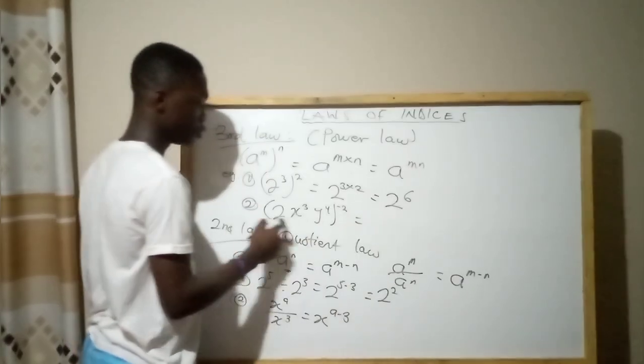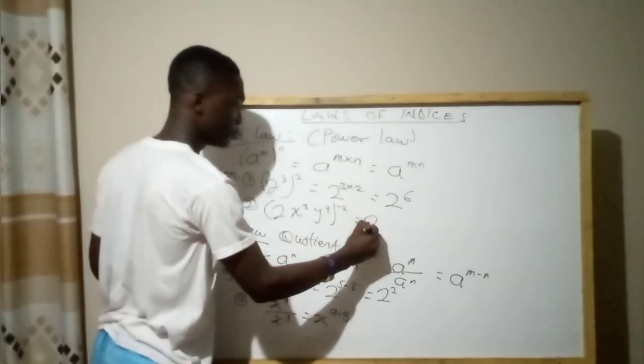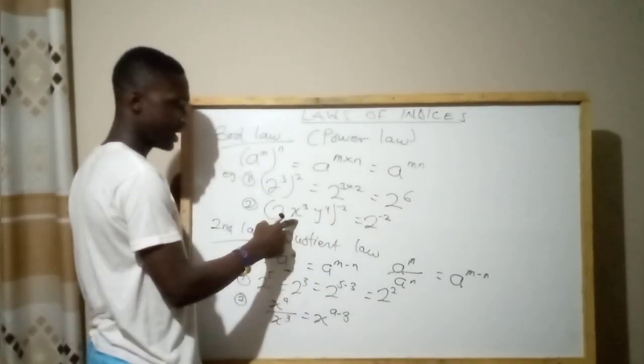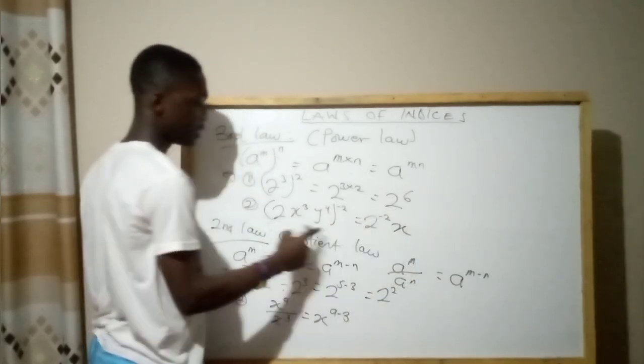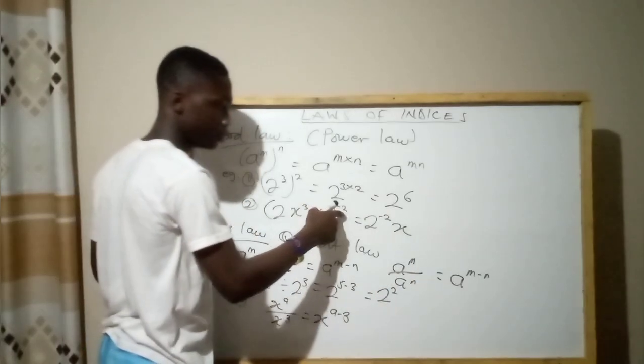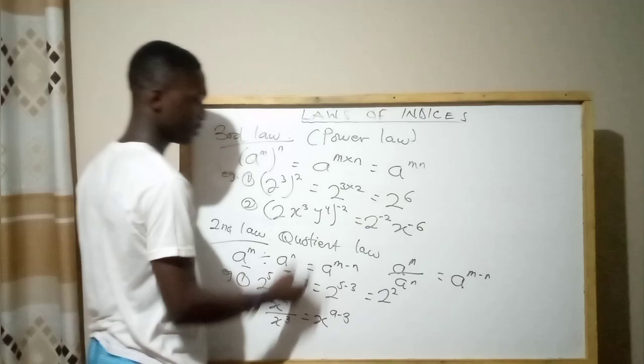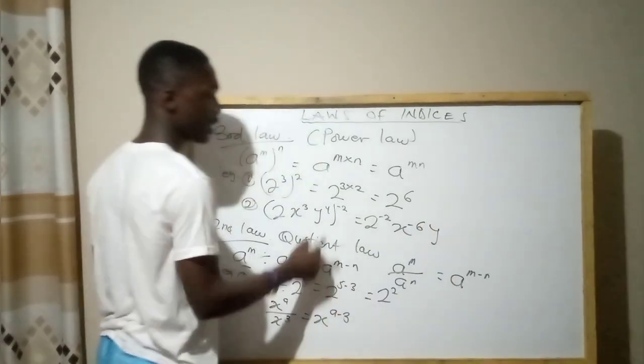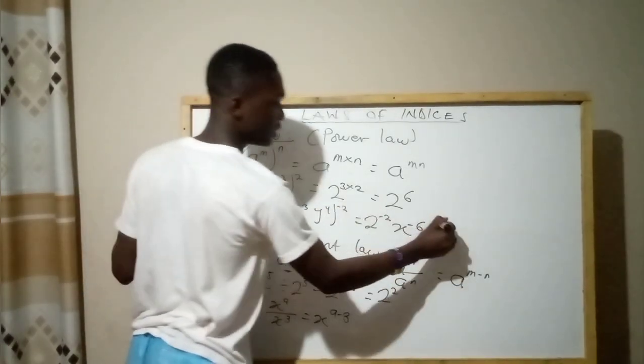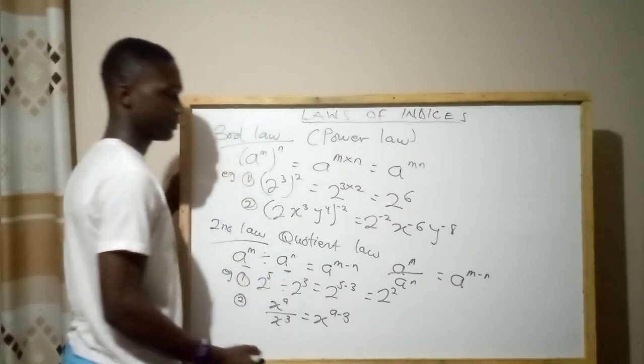So here 2 power negative 2 is this, then x: you have 3 times negative 2 making negative 6. Then for y, you have 4 times negative 2 making negative 8.